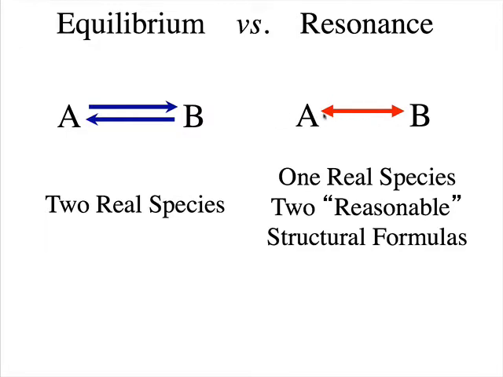A and B are not different. It's just that there are two reasonable ways to draw them using Lewis theory. Again, Lewis theory doesn't give us a way to draw the real structure. So we have to draw A and we have to draw B using Lewis theory and say, okay, well, the real structure is somewhere between the two.